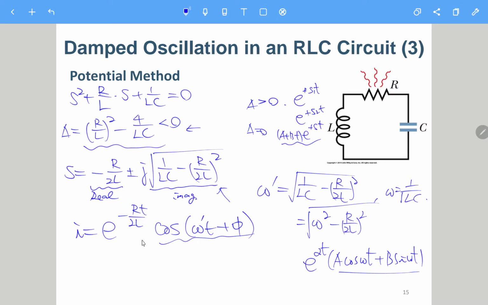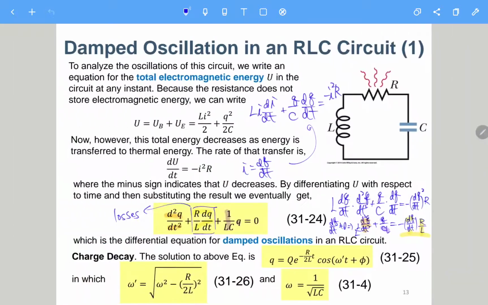We also have I0 in the front, as this one can be converted to R cosine omega t plus phi, something like that. So we need a multiplier in the front. This is the expression, which will be the same as this one. The only difference is that it was written as Q, but here we use i, but all the things will be the same.